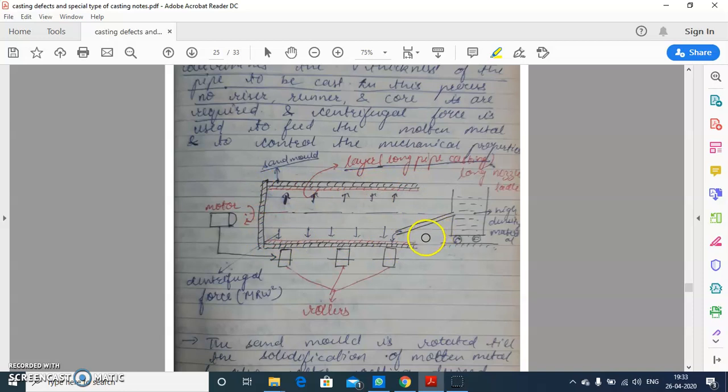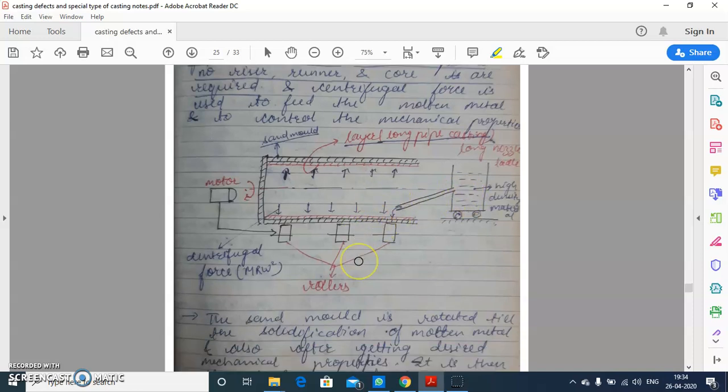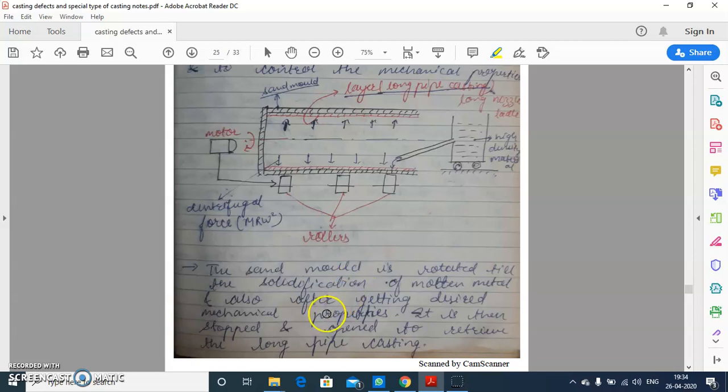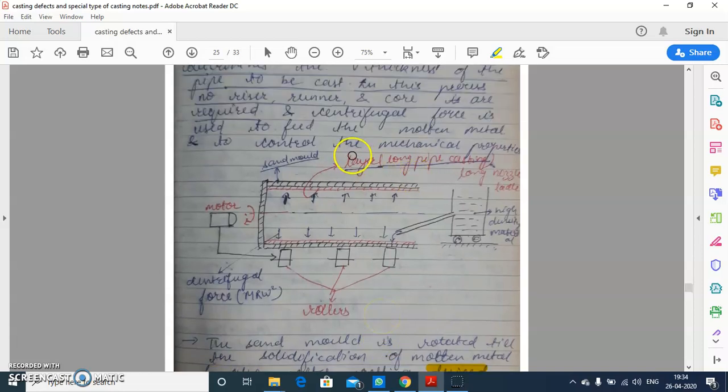and as the molten metal temperature is very high and this is an open environment, continuously the molten metal which is pasted in the circumference of this sand mold solidifies, and continuously we put the molten metal until we get the desired mechanical properties and desired long pipe casting.